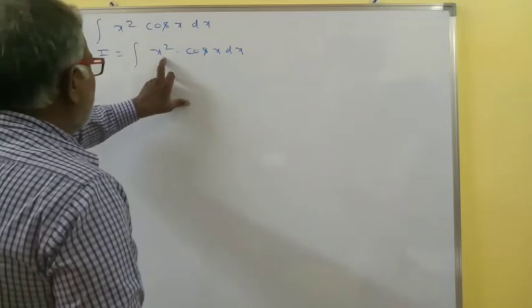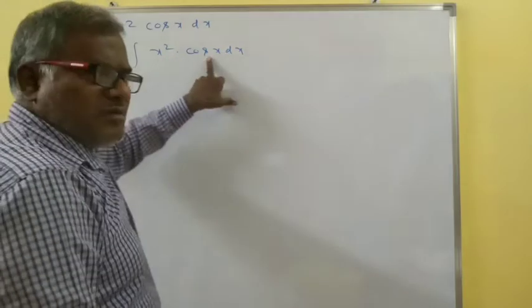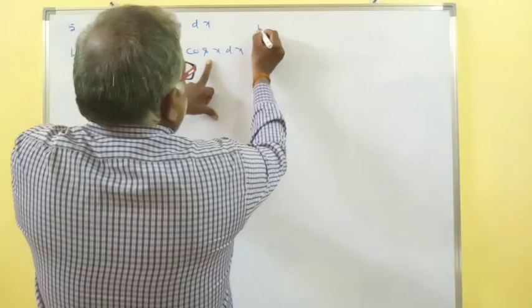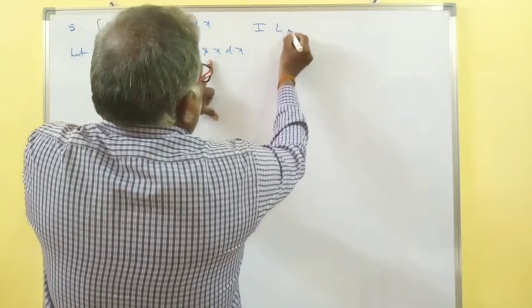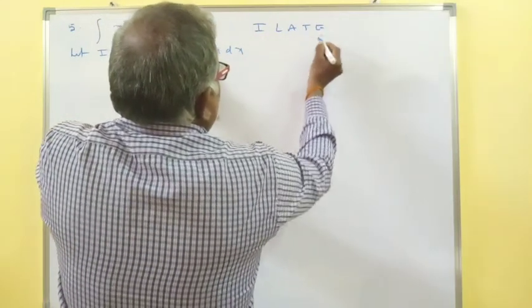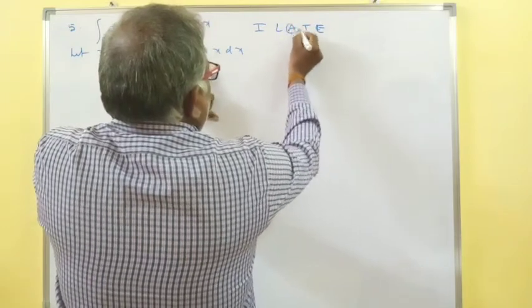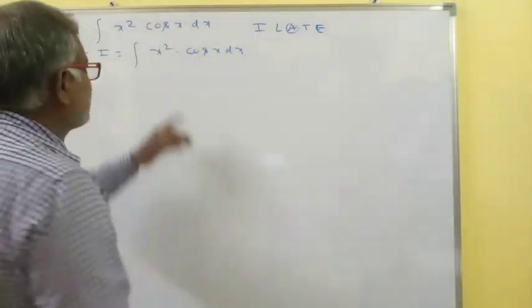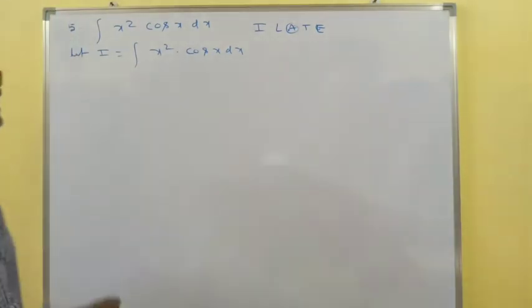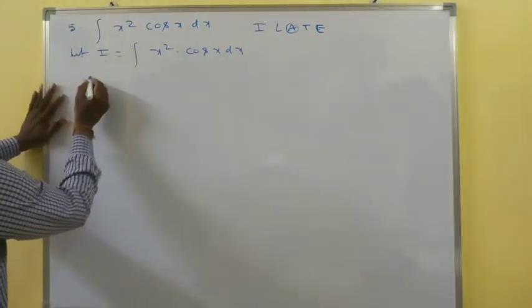Here this is an algebraic function, this is a trigonometric function. So in this one the algebraic function comes first, so it is the first function. Okay. So write down the formula.